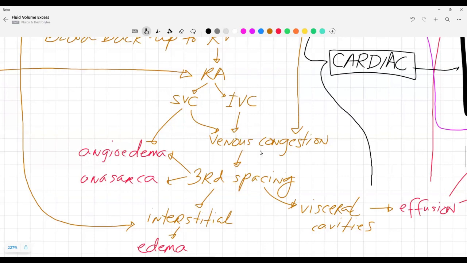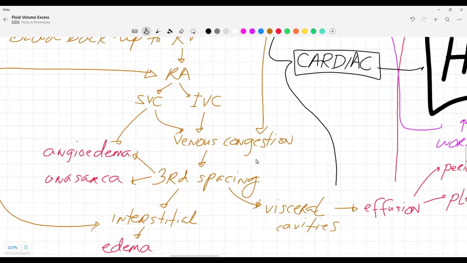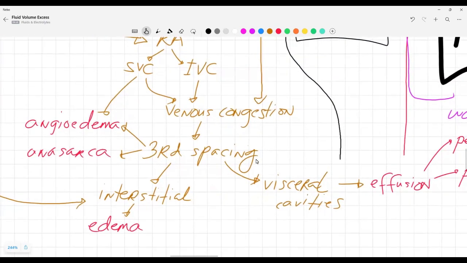And it leads to venous congestion in the lower extremities as well as in the thoracic abdominal area. So when there's venous congestion in these areas, there's third spacing. So third spacing happens when there's such a great amount of pressure in the blood vessels that the blood doesn't know where else to go.